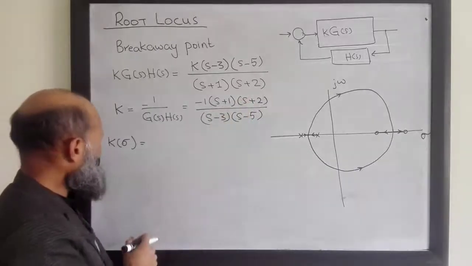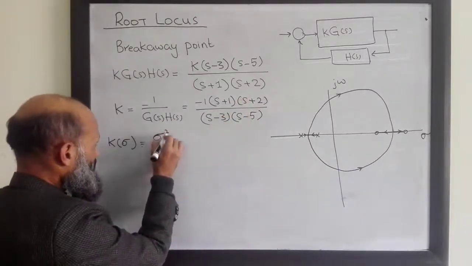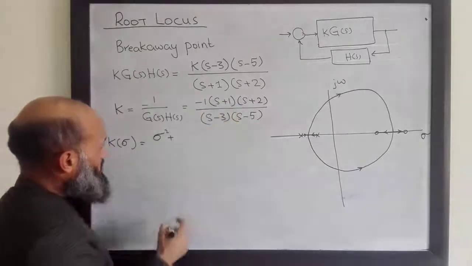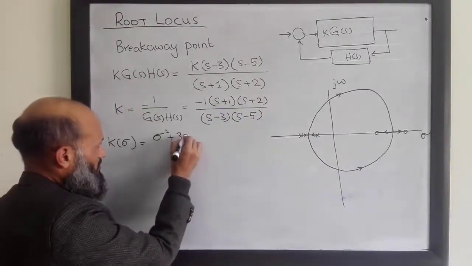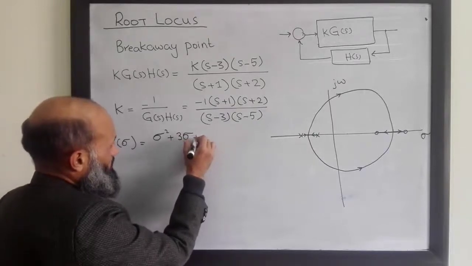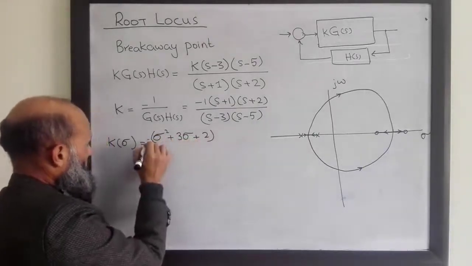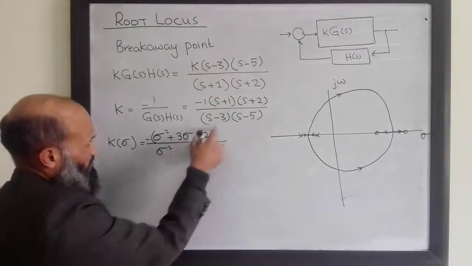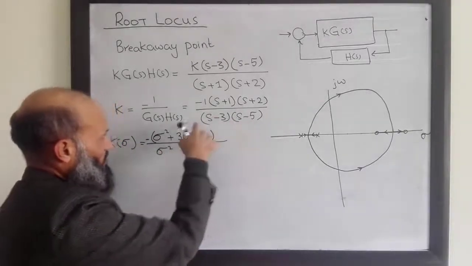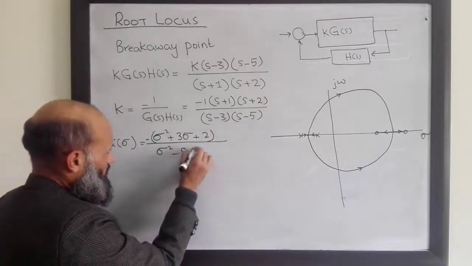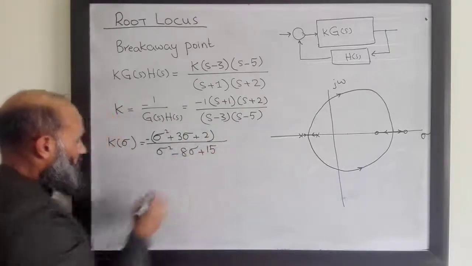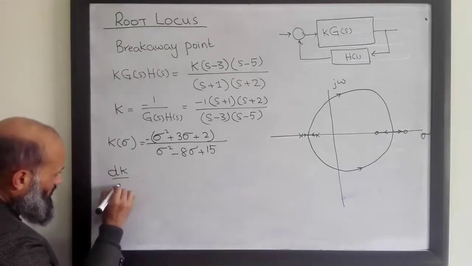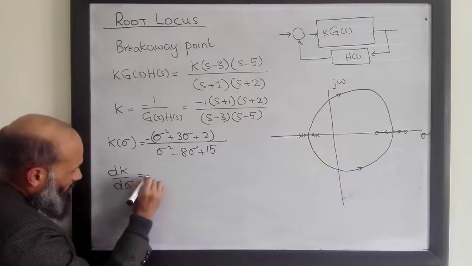We have minus (sigma plus 1)(sigma plus 2), that is sigma square plus 3 sigma plus 2, with a negative sign over here, and here we have sigma square minus 3 sigma minus 5 sigma, which is minus 8 sigma plus 15. We take the derivative of k with respect to sigma.